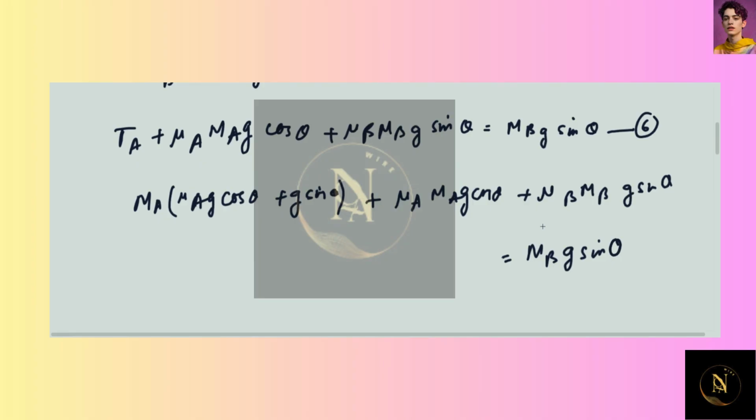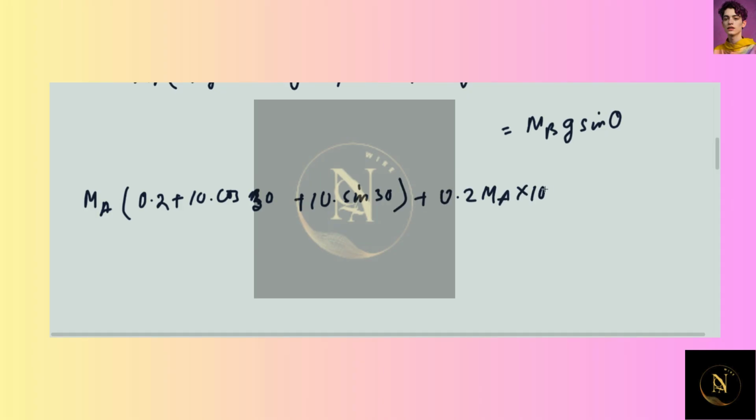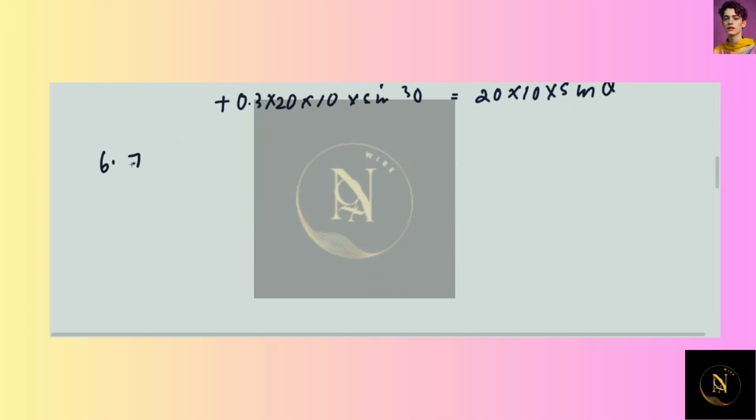So putting all given data, we get MA (0.2 into 10 cos 30 plus 10 into sin 30) plus 0.2 MA into 10 cos theta plus 0.3 into 20 into 10 into sin 30 is equal to 20 into 10 into sin 30, which makes it 6.73 MA plus 1.73 MA plus 30 is equal to 100.